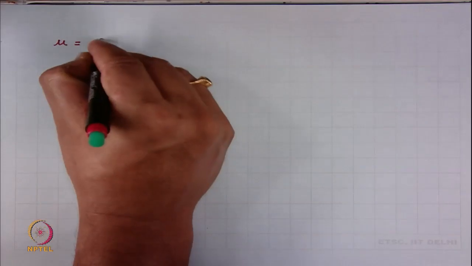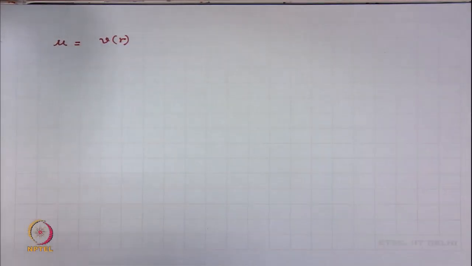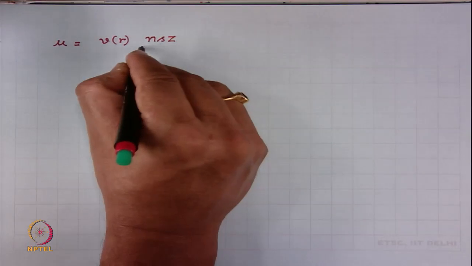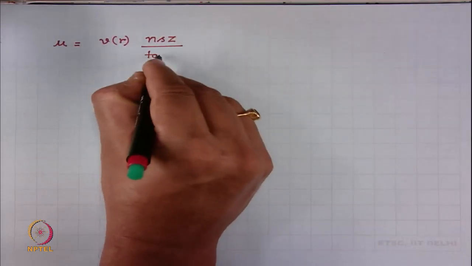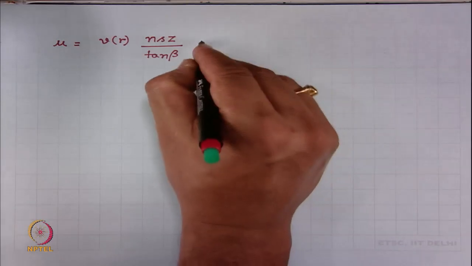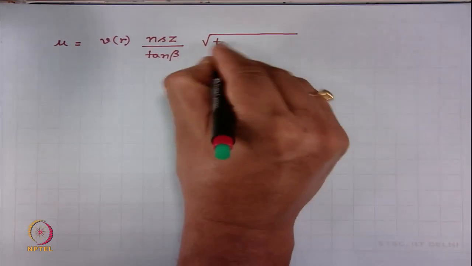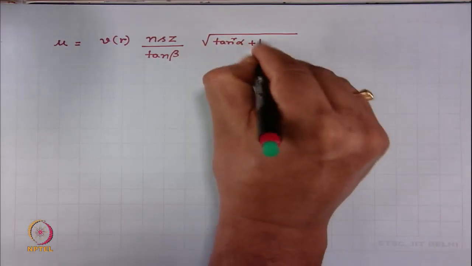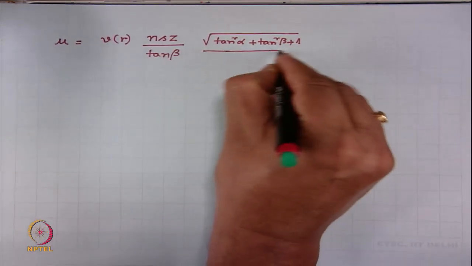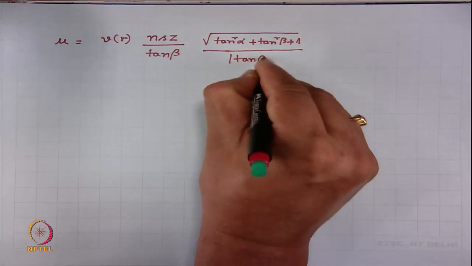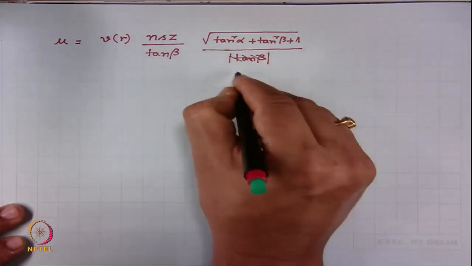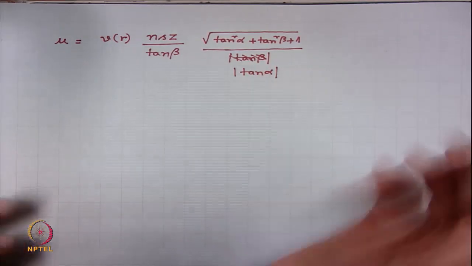Mu is equal to nu r n s z by tangent of beta into dl by dr, which is square root of tan square alpha plus tan square beta plus 1 divided by tangent of alpha.